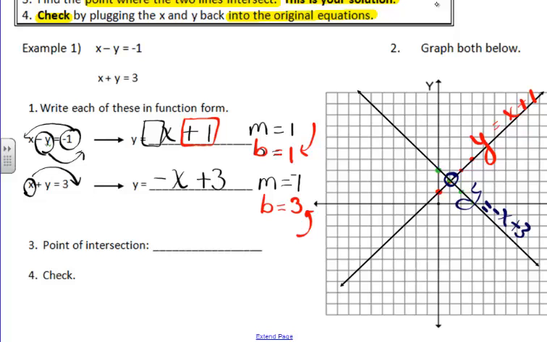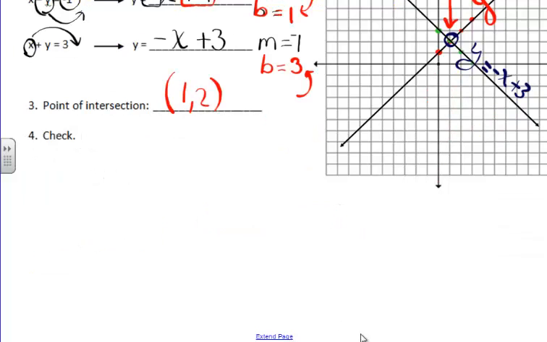The point of intersection is here, and that point is over 1, up 2. So let's finish off. 1, 2 is the point of intersection. That's the point that I'm going to be checking in each of the original equations.